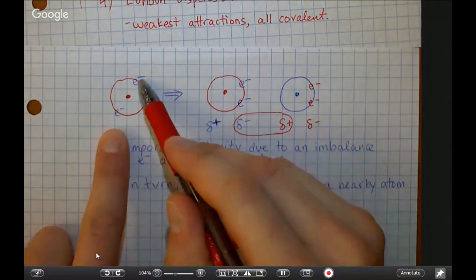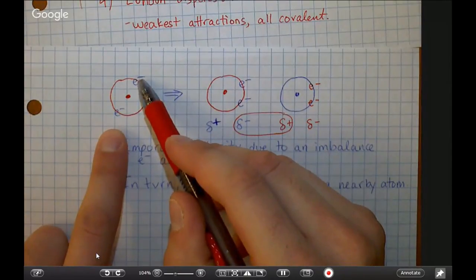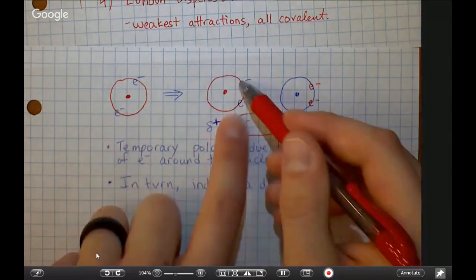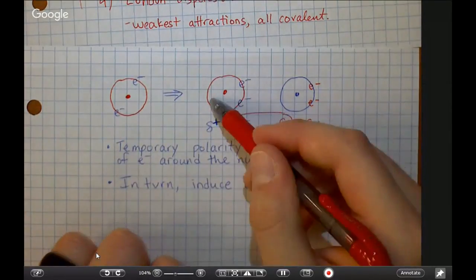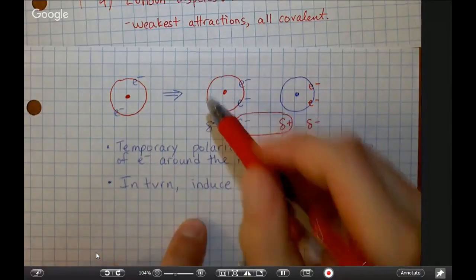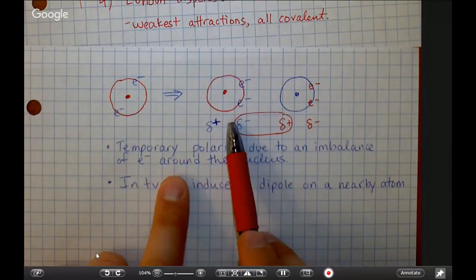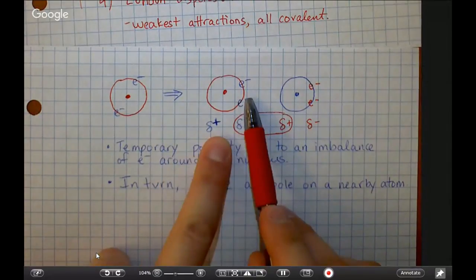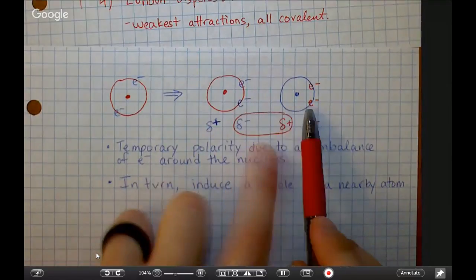So before we had one electron on one side, one on the other. And if for some reason temporarily they end up on the same side, then we're slightly negative on one side, which means we're a little more deficient on the other. So that's that temporary polarity due to this imbalance of electrons. And when we get that polarity, it then initiates or creates a polarity in another nearby atom.